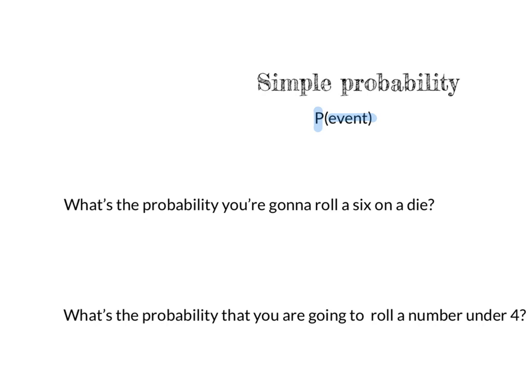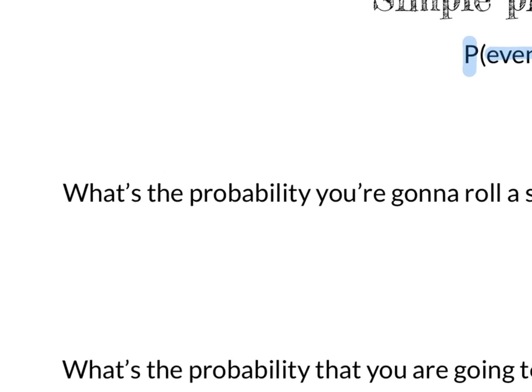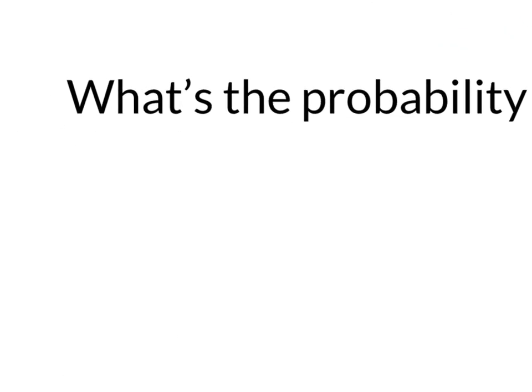So you would do it like this. First, on the top would be what you want the outcome to be. So your outcome, which in this case would be 6, or rolling a 6 on a die.